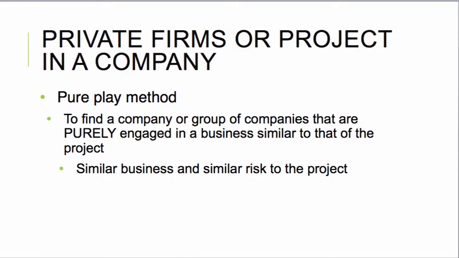So, in other words, we begin with the beta of a company or group of companies that are purely engaged in a business similar to that of the project and are therefore comparable to the project. This is why we call it the pure play method.